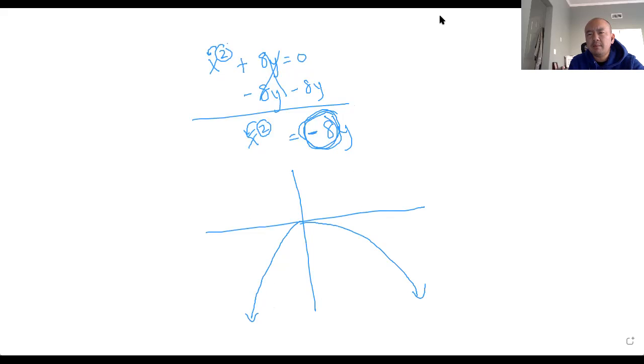Okay. Keep in mind a few things too, and I want to emphasize this before we go into the next problem, is there are many variations of what different teachers do in this formula. So remember, we got 4p times x minus h equal to y minus k squared, and 4p times y minus k equals x minus h squared.